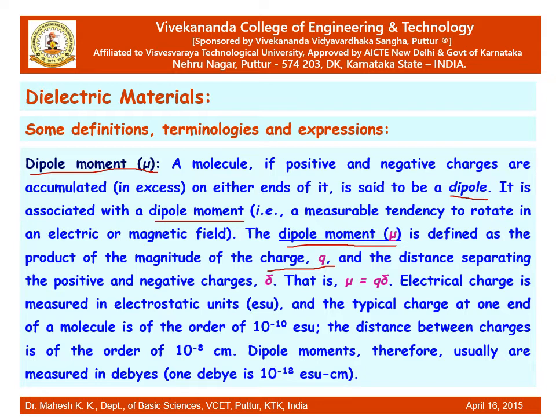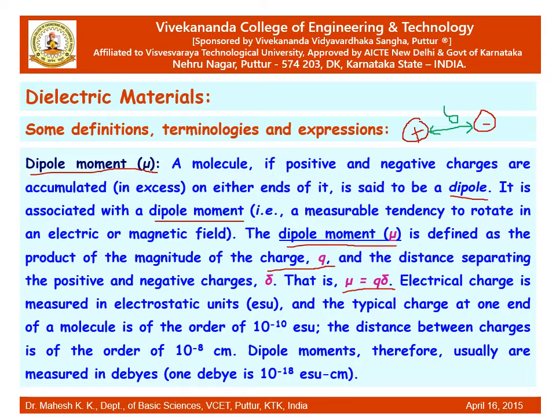Okay, so that means mu is equal to Q into delta. That is, you have the charge here, for example a positive charge, and you have the negative charge like this. Then maybe you say this is the distance that we have, and it is represented by delta.